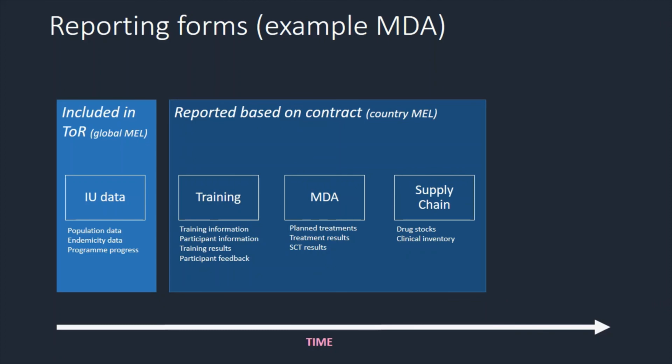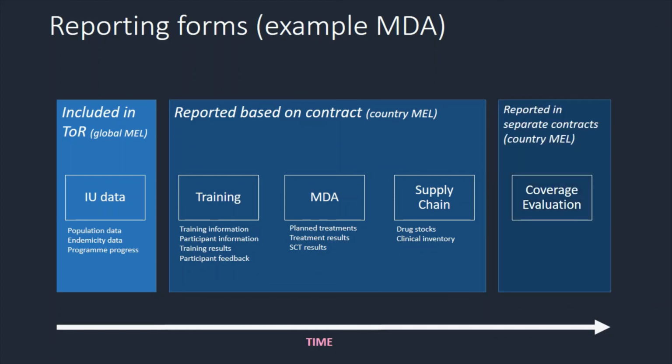Now, following the completion of the MDA, there might be a coverage evaluation survey planned within the 3 months after completion of the MDA. This will be reported through a separate contract, and again, the data will be entered by a country MEL. So here you see the sequence of events and how data is expected to be reported back from the start to the end of a contract completion.